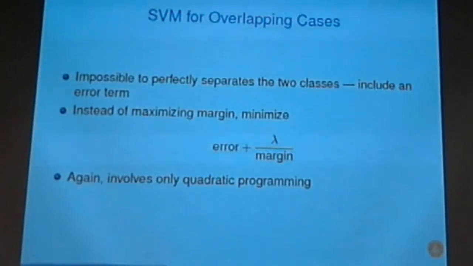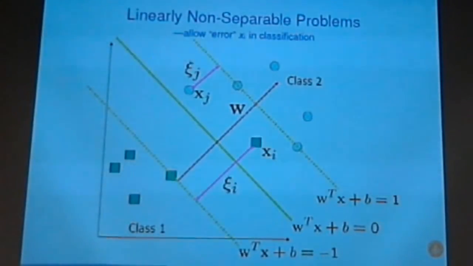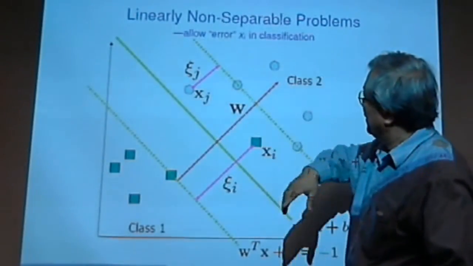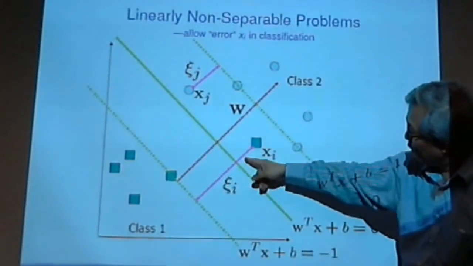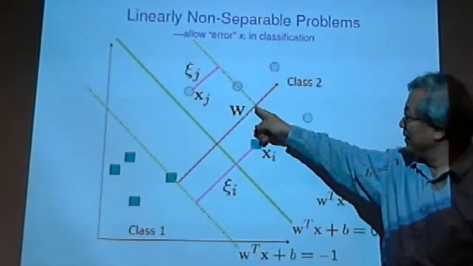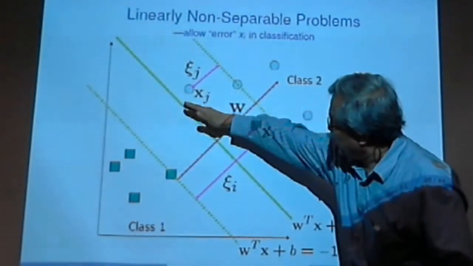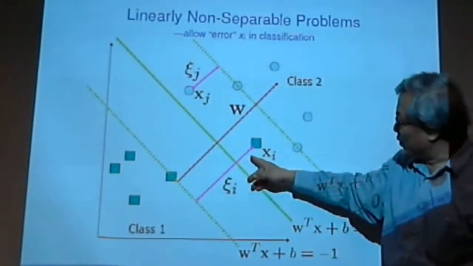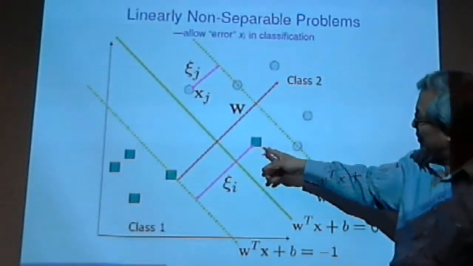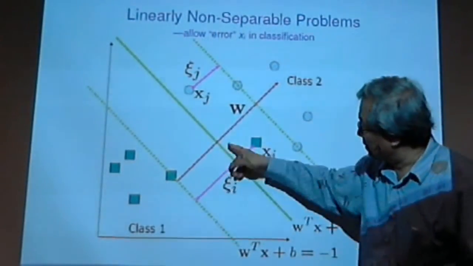It involves only a quadratic programming. Here in the non-separable case, one point goes over to the other side of the hyperplane, and another falls within the separating margin. So the basic idea is allowing observations to violate by a certain quantity.